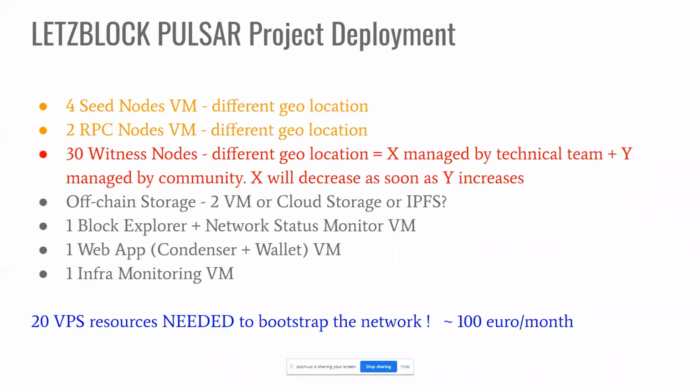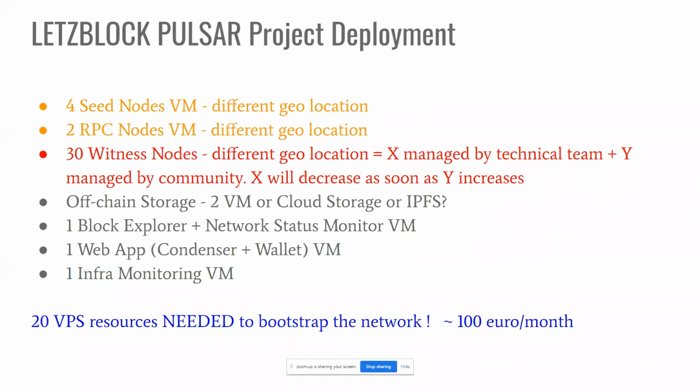As the number of nodes coming from the community increases, the number of nodes used to bootstrap the network will decrease. In the end, we should arrive at a point where the minimum 30 witness nodes that we decided to start with are handled, managed and maintained by individual persons from our community.